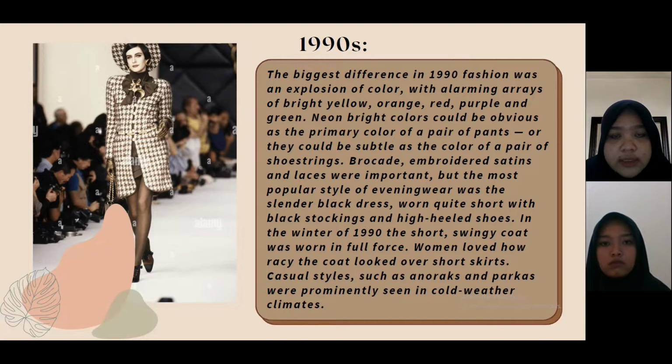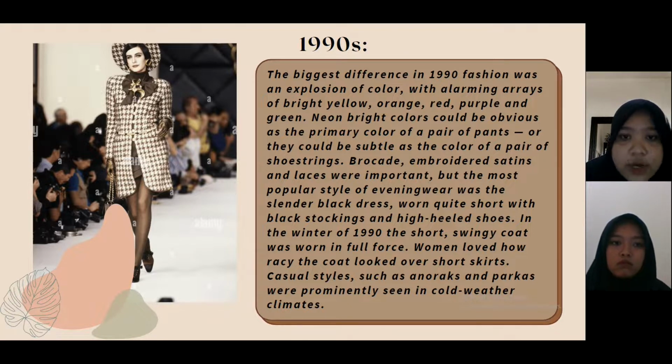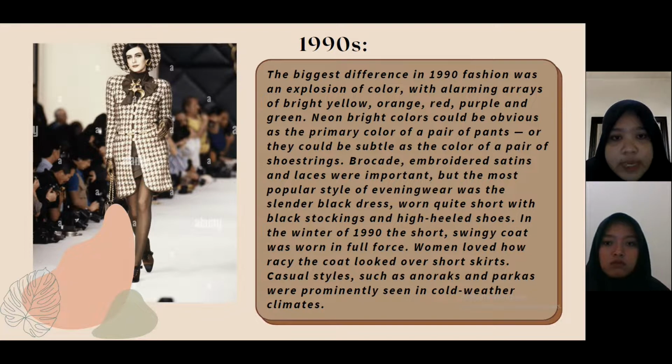And the last is 1980. The biggest difference in 1980 fashion was an explosion of color with alarming arrays of bright yellow, orange, red, purple, and green. Neon bright colors could be obvious as the primary color of a pair of pants, or they could be subtle as the color of a pair of shoestrings.